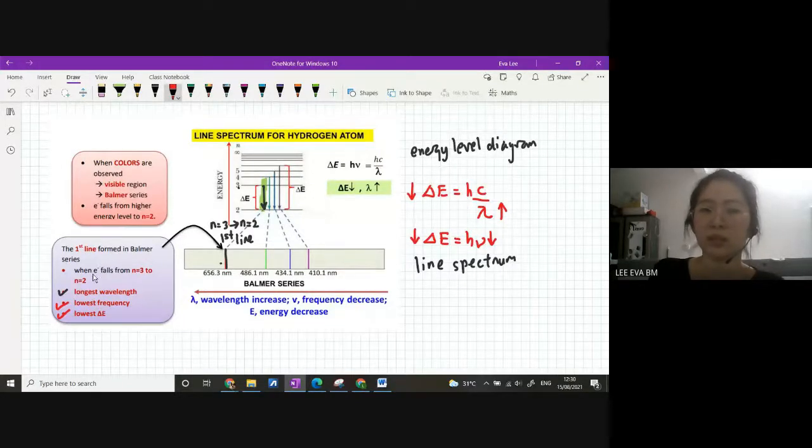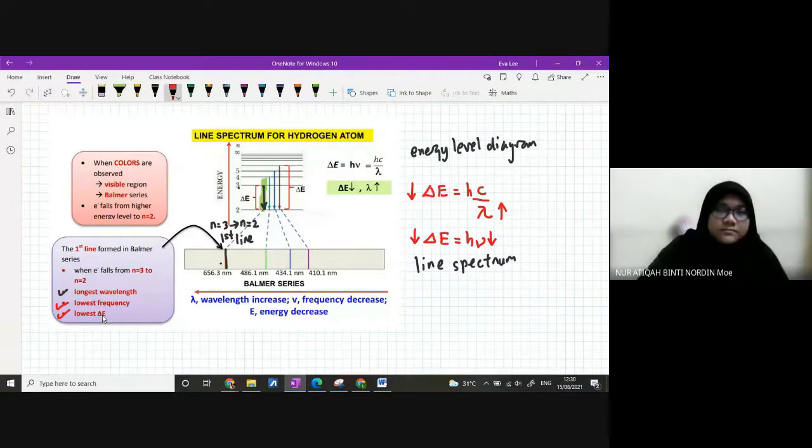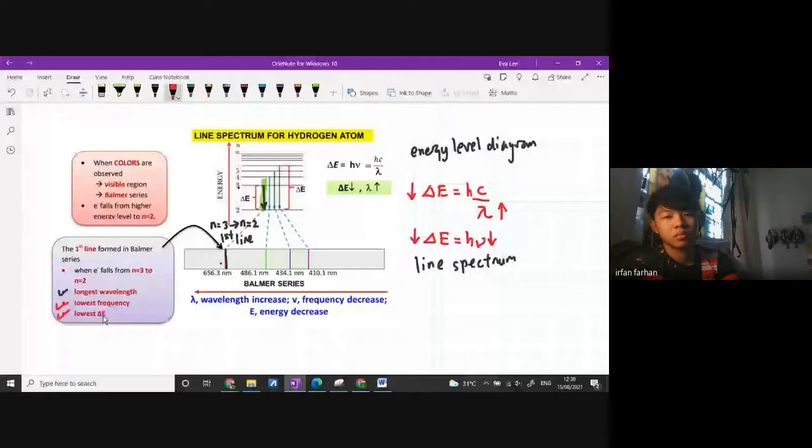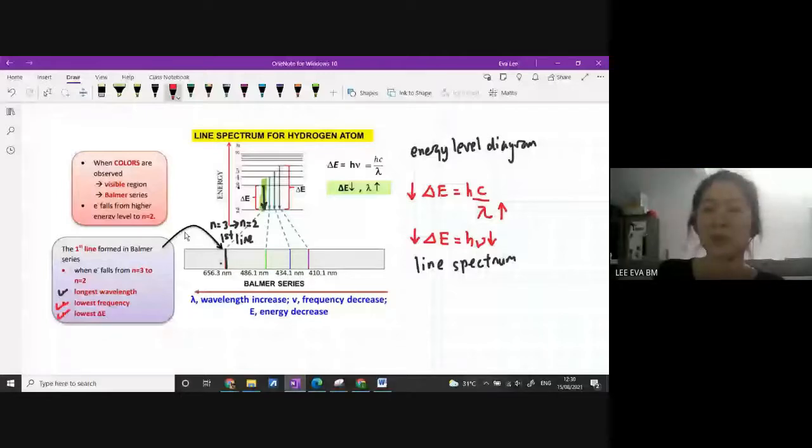Okay. So up to this part, any questions? No, madam. Okay, so to repeat, for the first line in Balmer series, the electron falls from 3 to 2, creating the first line. How about the second line?